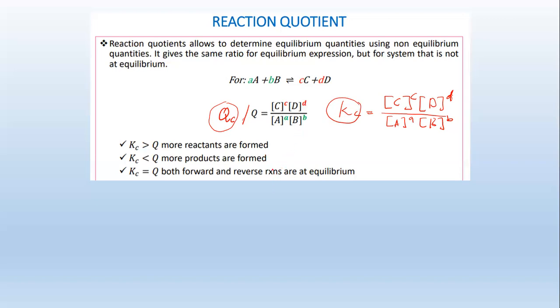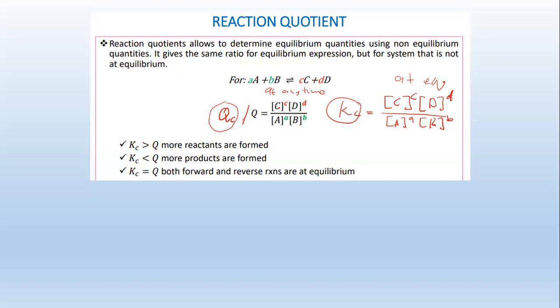When you want to determine your Kc, you use concentrations at equilibrium. But when you want to calculate your Qc, you use your concentrations at any time before equilibrium. So if they say the concentration of C at equilibrium is 5 molar, you can't use 5 here.